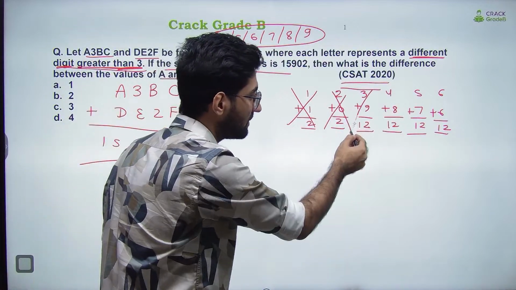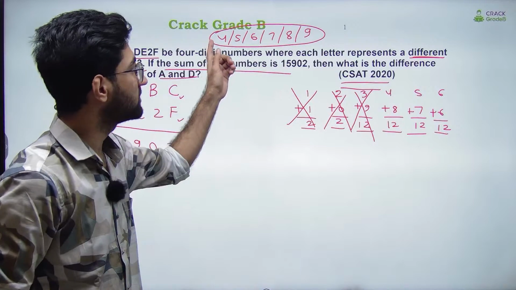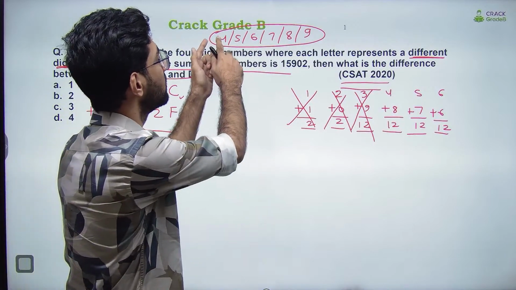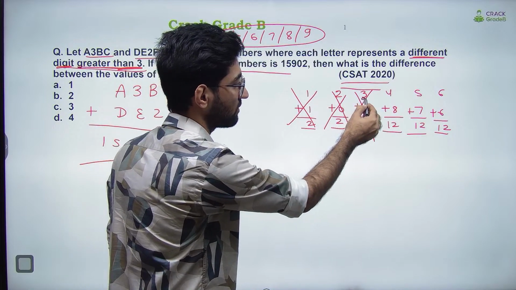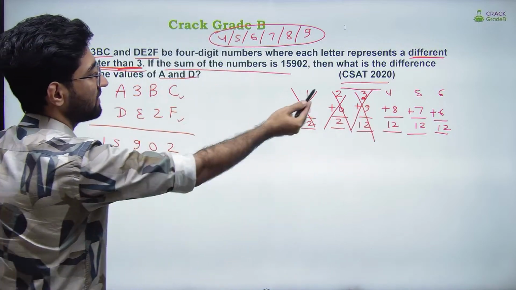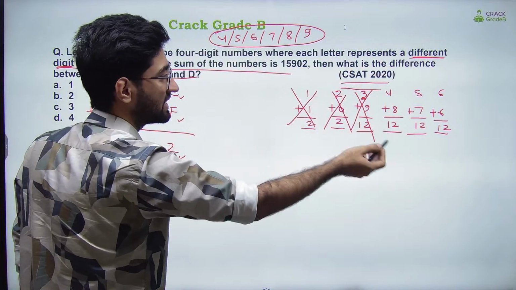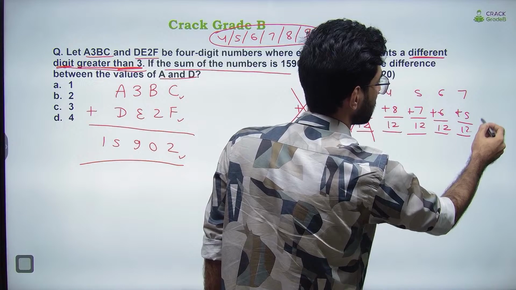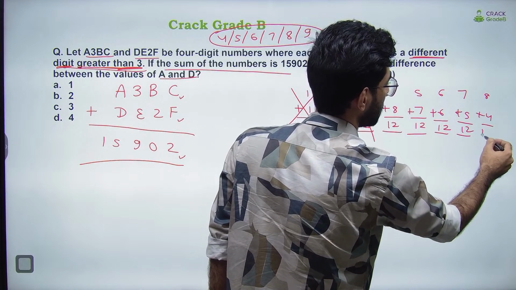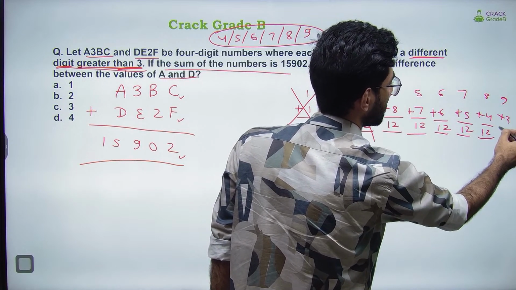You will have to eliminate this option also. Why? Because the values can belong to 4, 5, 6, 7, 8 or 9, right? But see, there is 3. So how can you say that C and F can be 3 and 9, similarly 9 and 3, right? You can also think in this way, that okay, 8 plus 4, 12, 9 plus 3, 12, right?